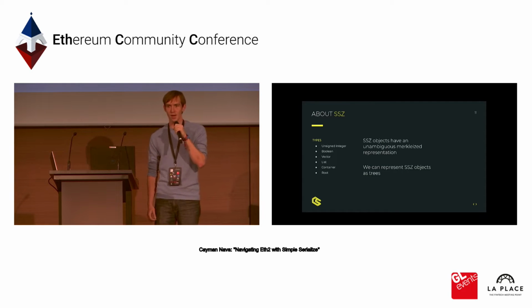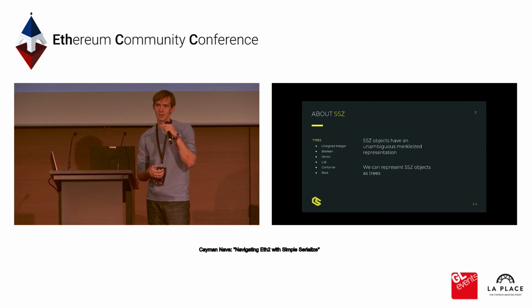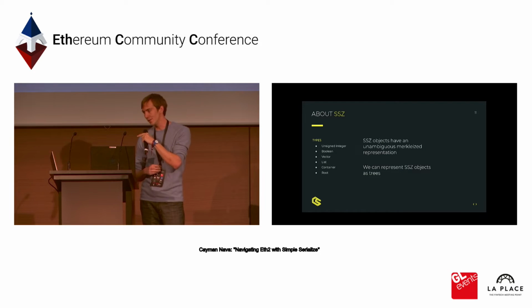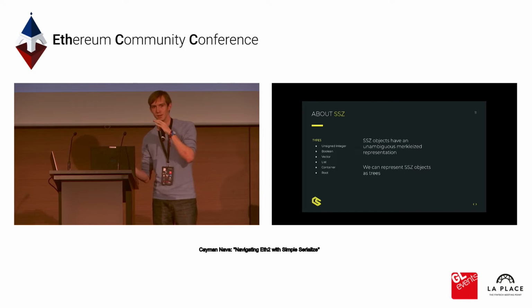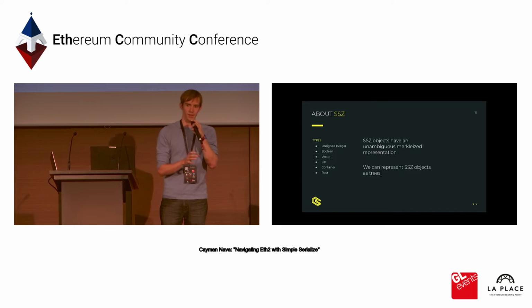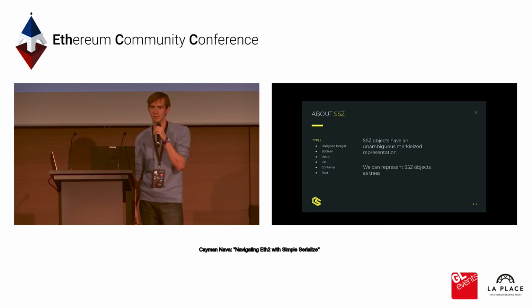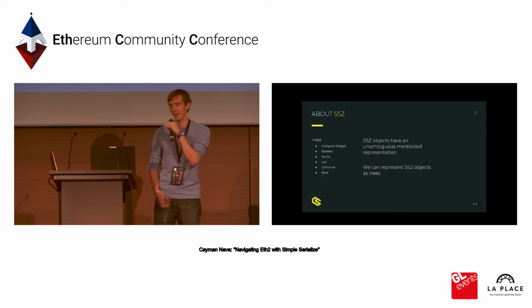And so you can think about all of these values as if they were trees. Going back and forth between the tree representation and the data type representation will be very valuable from an implementation perspective when we get into that later.